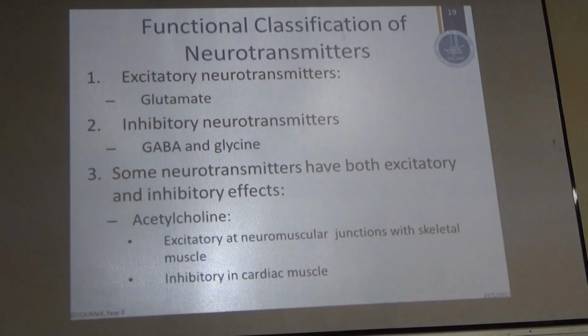So this is written here. See, number 3, some neurotransmitters are both excitatory and inhibitory. Why? The inhibitory effect in the cardiac muscle works with which receptor? It's an acetylcholine receptor. But there are many types of receptor. You can say acetylcholine receptor A, B, like GABA A, B. There are many types.